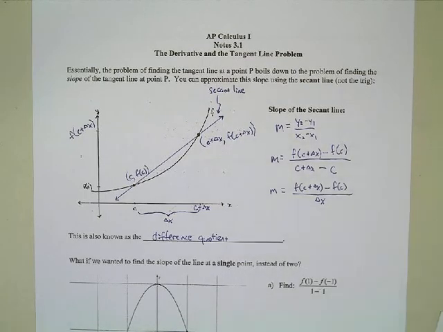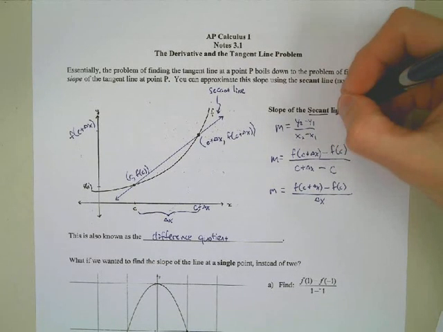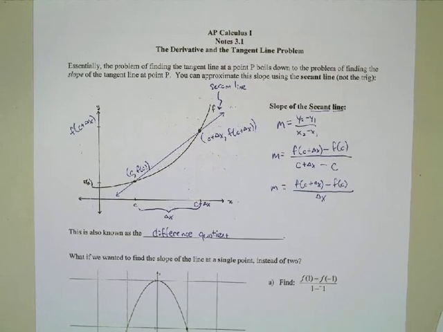So when we're doing this, we don't have to write it out as c plus delta x minus c. We can just write delta x. This is just for this particular situation, since we start with c as our coordinate. Now, one other thing I want to point out here: the secant line is not the same thing as the tangent line.